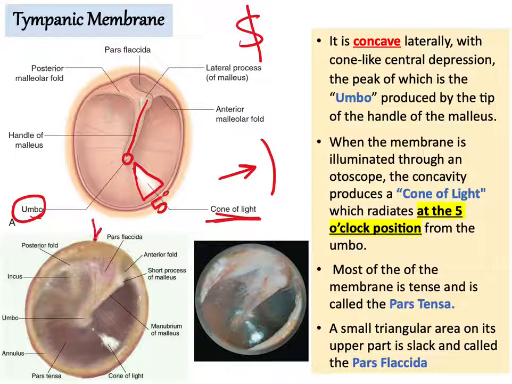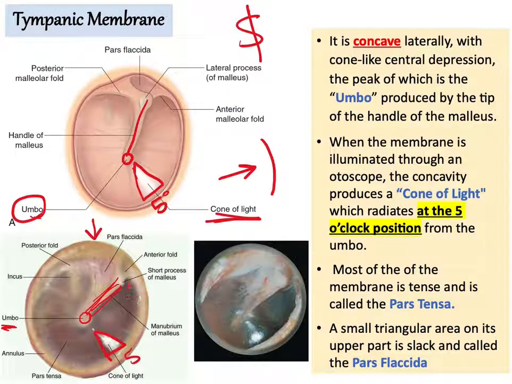Again, this is the real view in which this is the shadow of the malleus, and this is the top of the handle of the malleus, which is the deepest part. We call it the umbo, and you see here the cone of light, which is at the 5 o'clock location.